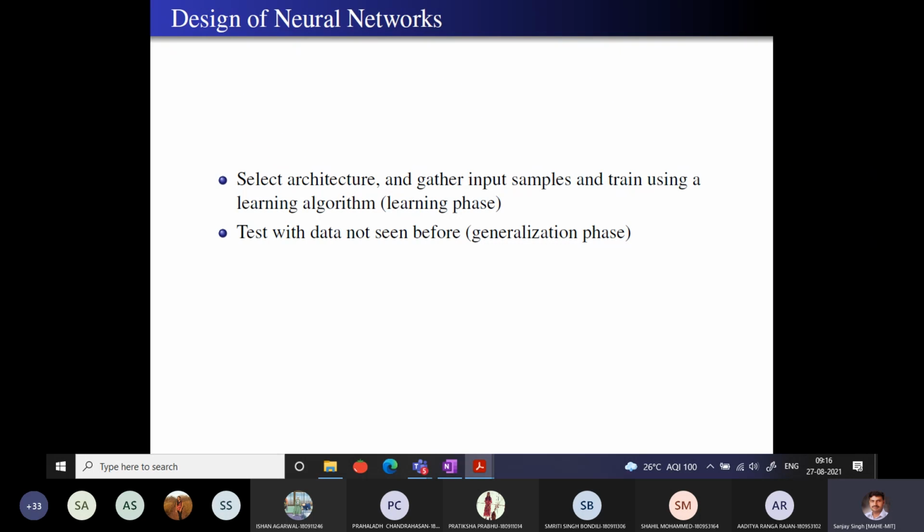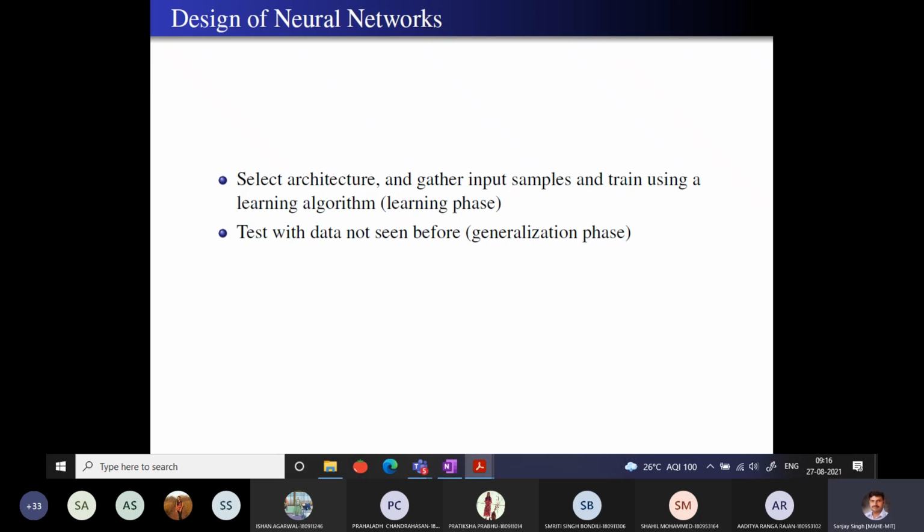Any problem may be given to you, and because your learning is so generalized, you learned so well that a problem which is not part of your training or testing, if given to you, you are able to solve it. That is called generalization. How well you do on data not seen before indicates the generalization capability, or the learned performance, of that particular system. This is what they mean by generalization phase.